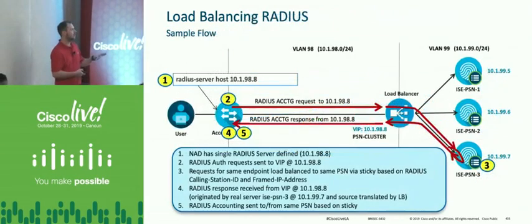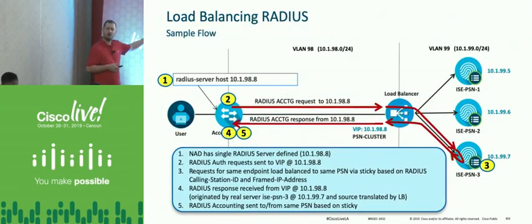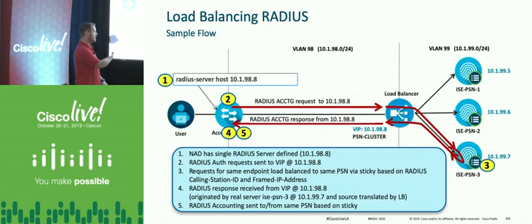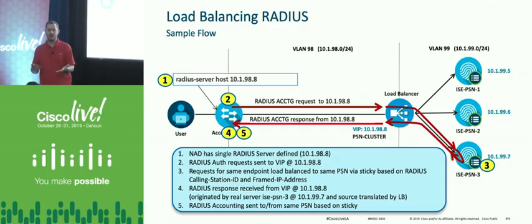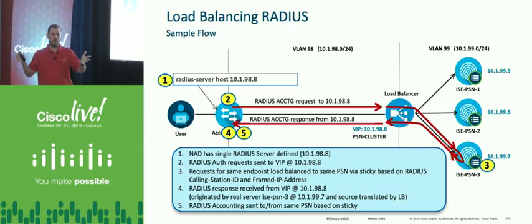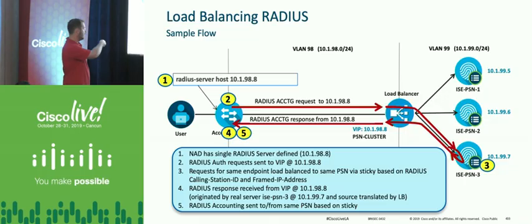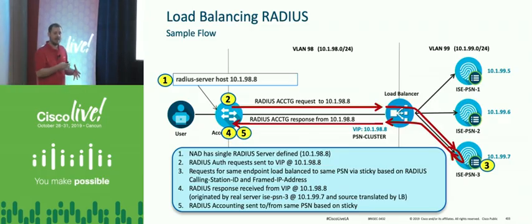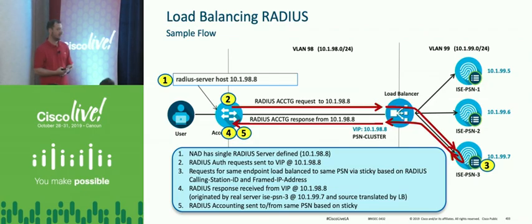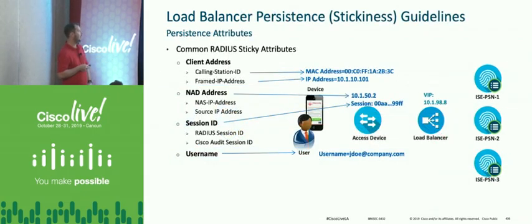This is where things get a little bit more complex though, because we need stickiness. If you're not familiar with load balancers, if you don't have stickiness, one request comes from here, it could go to PSN 3, the next request could go to PSN 1, and that kind of behavior for client authentications is not good. So we'll talk about that in a second.